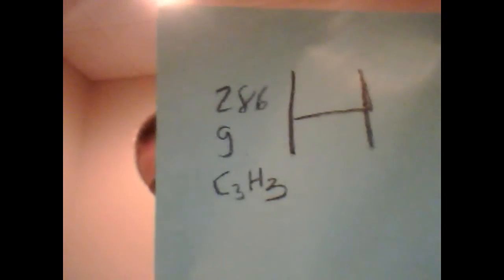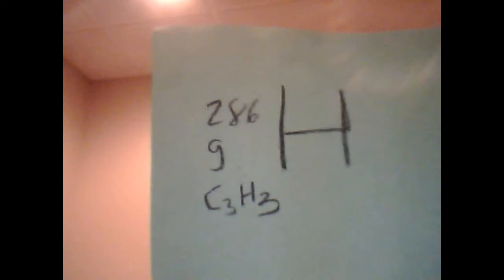So I'll show you. 286 grams of propane, which is 3 carbons and 8 hydrogens. So it's going to be 286 grams of C3H8.